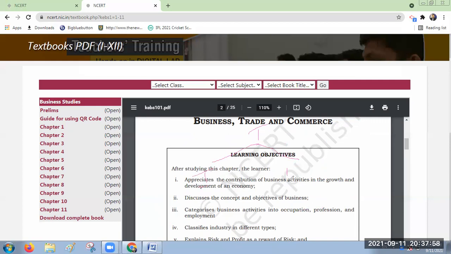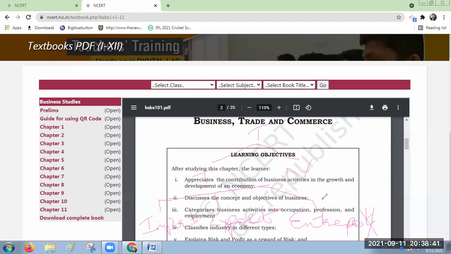Similarly, international trade can be of three types. One is import, next one is export, and third one is entrepot trade. Entrepot, we have to pronounce as entrepot, but the T is silent.